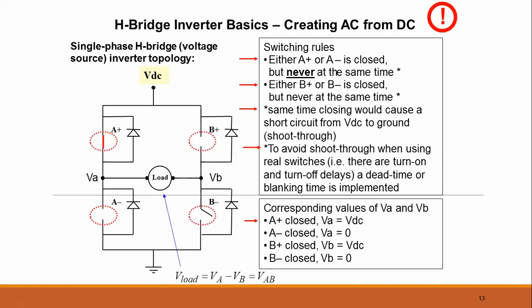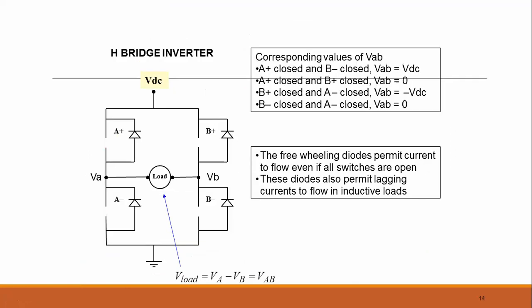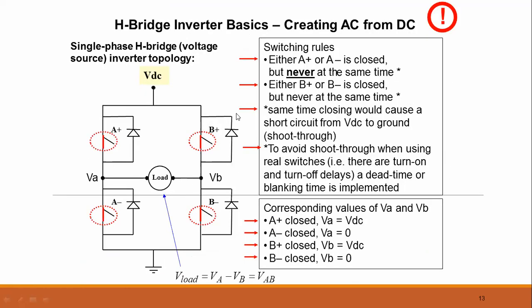Okay. So the H bridge is actually creating AC from DC. Diodes are used over here, and this is the load. Either the A plus or the A minus switch is closed, but never both at the same time, and either the B plus or the B minus switch is closed, but never both at the same time.